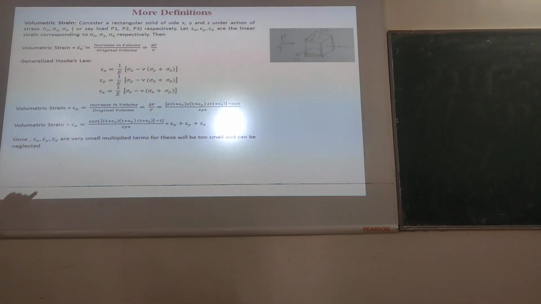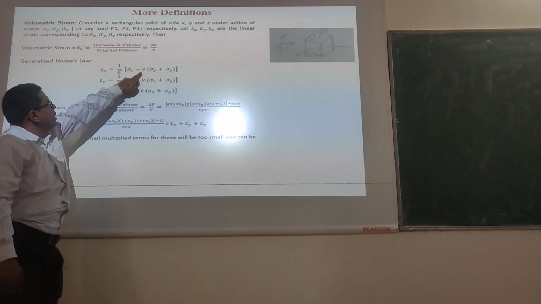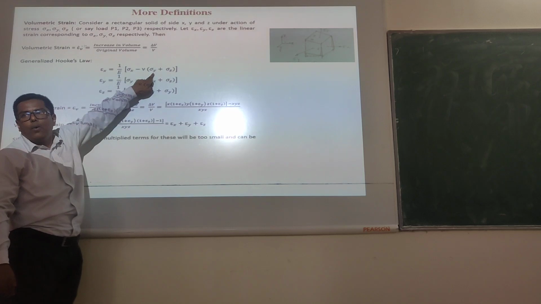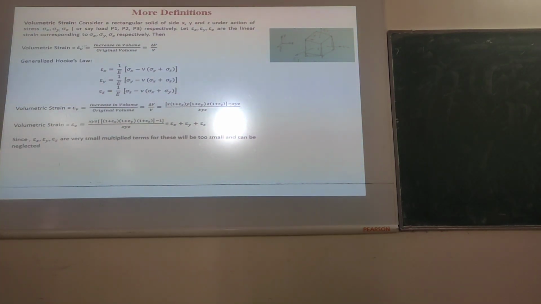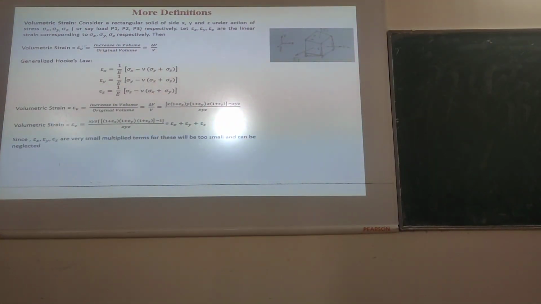If I apply the Poisson's ratio, it will become nu into sigma Y by E. Why nu into sigma Y? What is nu? Nu is your lateral strain, delta B by B, divided by longitudinal strain, delta L by L.